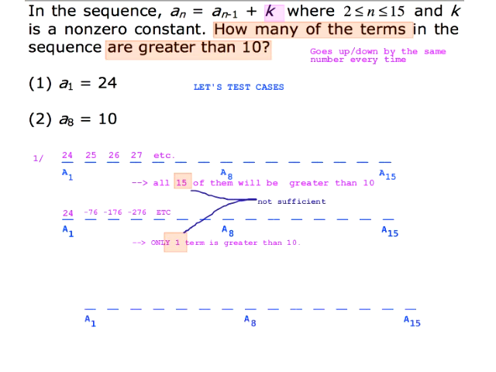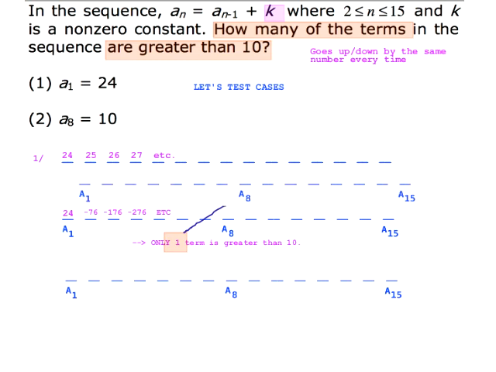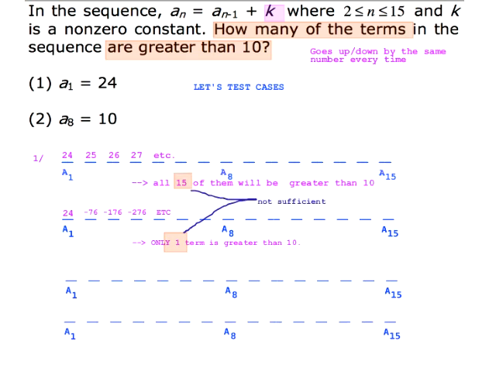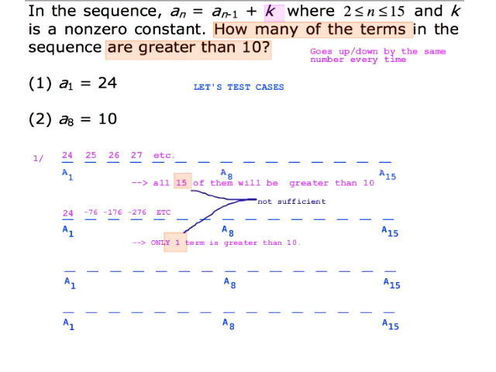Okay, statement 2. Let's do the same thing. Notice again, A8 is the median. And it's also 10. You might think that something is fishy about that, and you would be, of course, right. But let's just see what happens here. So we're now doing statement 2.